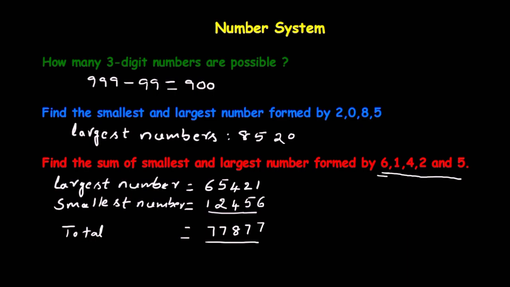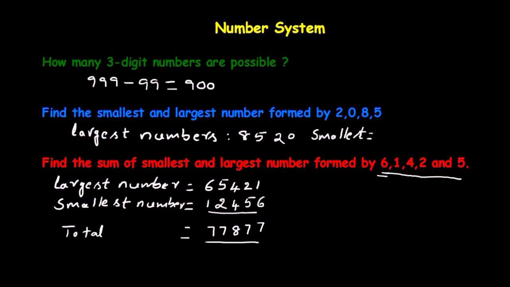Now in the second question, we should find the smallest number. Now you have an idea how to write the smallest number. Yes. The smallest digit of the given 4 digits is 0. But a number cannot start with the digit 0, so we should select the next digit, that is 2.